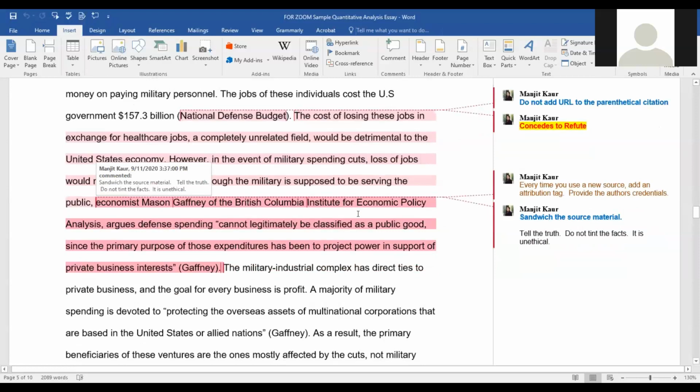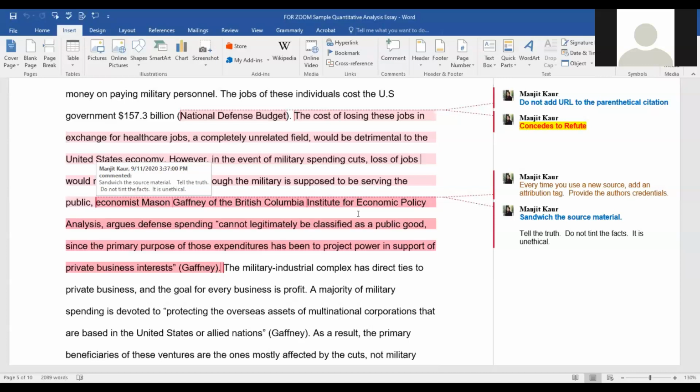No. Specifically for quotations, if you have already given your source an attribution tag, you don't have to keep repeating it. You can give a shorter signal phrase saying, Dr. White states so and so. You don't have to go into the length of the whole full-fledged attribution tag. Just give it a short mention.